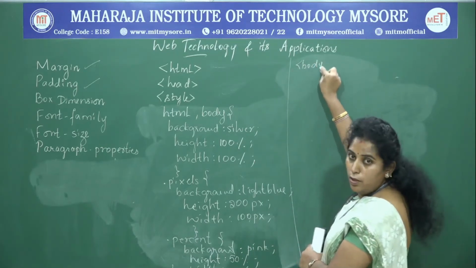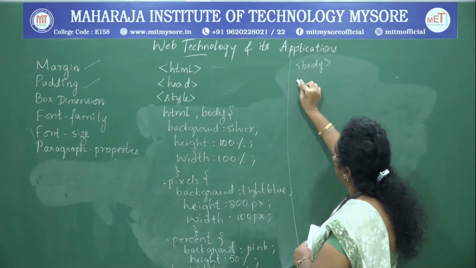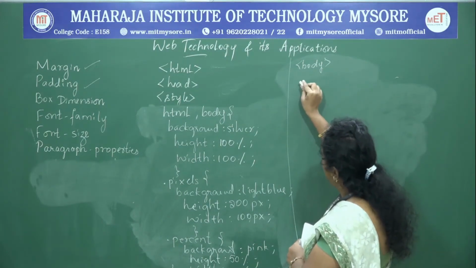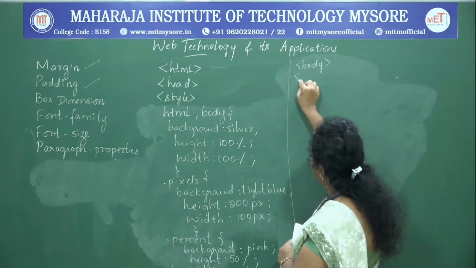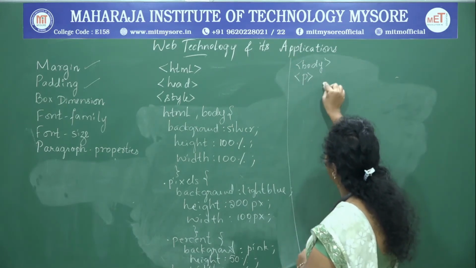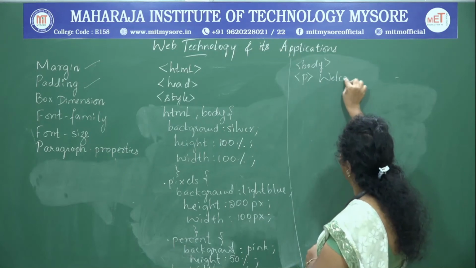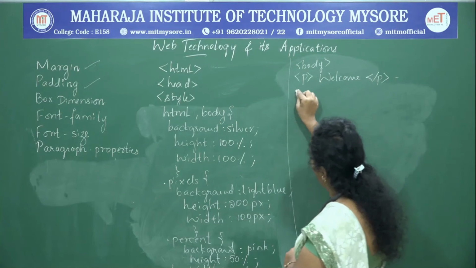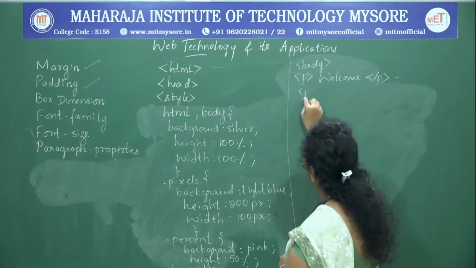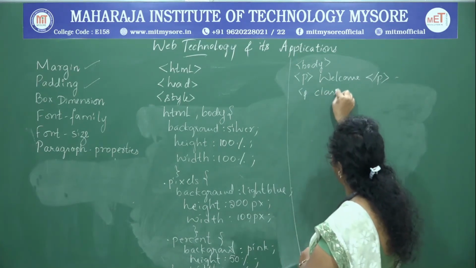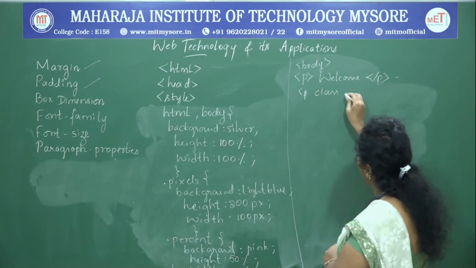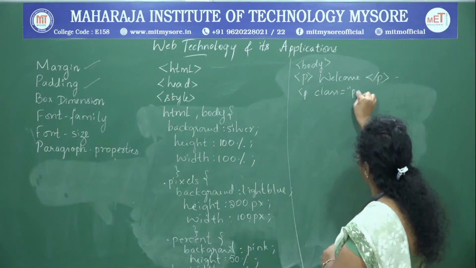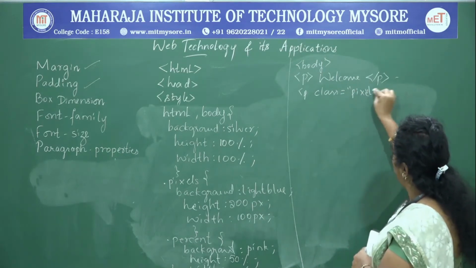Now I am going to write the body. Okay, so in body how do you write? Let me take one example to print some message, that is welcome. Then I am going to use P where class is equal to pixels. It should be in double quotes.